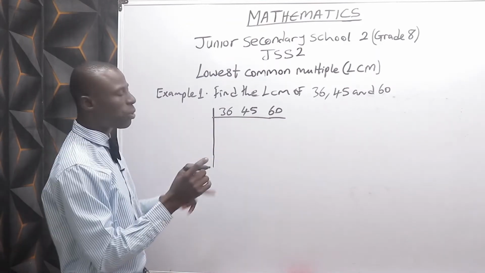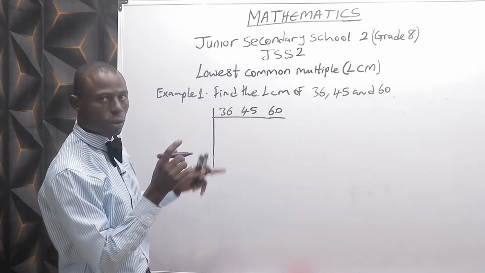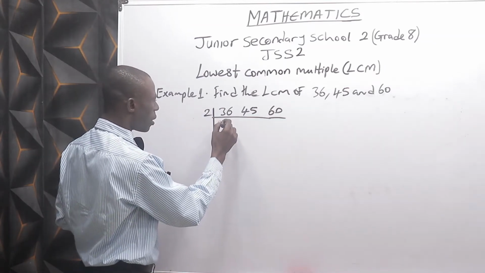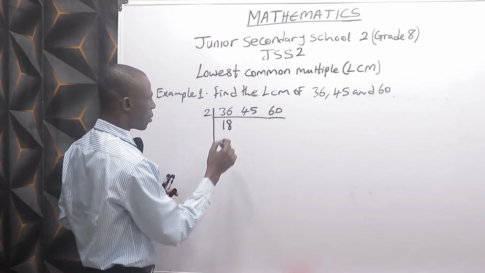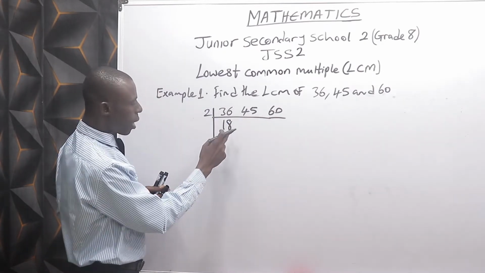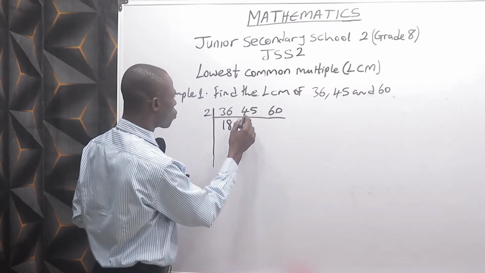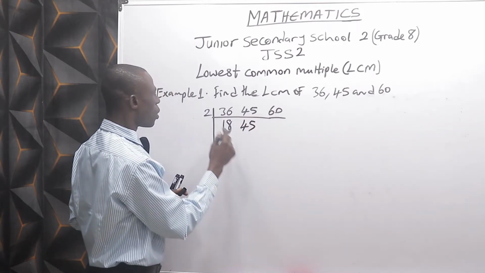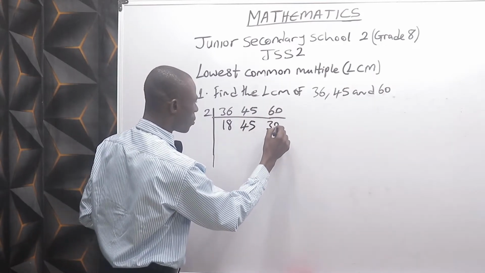But there is a difference between the LCM and HCF, you will see as we go. 2 goes into 36, 18 times. 2 cannot divide 45, so we repeat 45. 2 divides 60, 30.